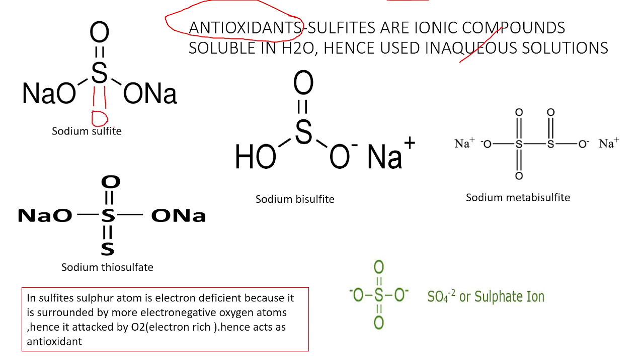Hence, this will act as an oxygen scavenger. Here also, only 3 oxygens are there, so we need to add another oxygen. Hence, all these sodium salts are soluble in water and act as oxygen scavengers.